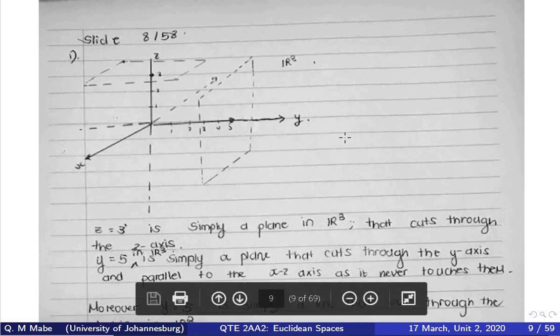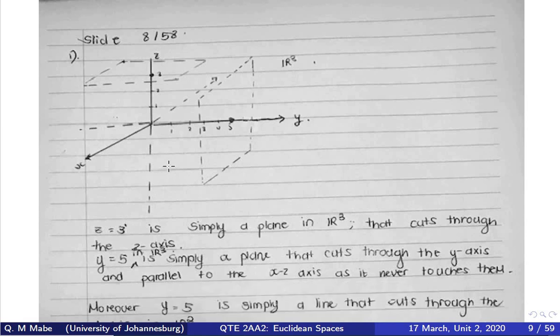As I've already discussed in the previous slide, you can see how our planes look like. For instance, z equals 3 is this plane here.